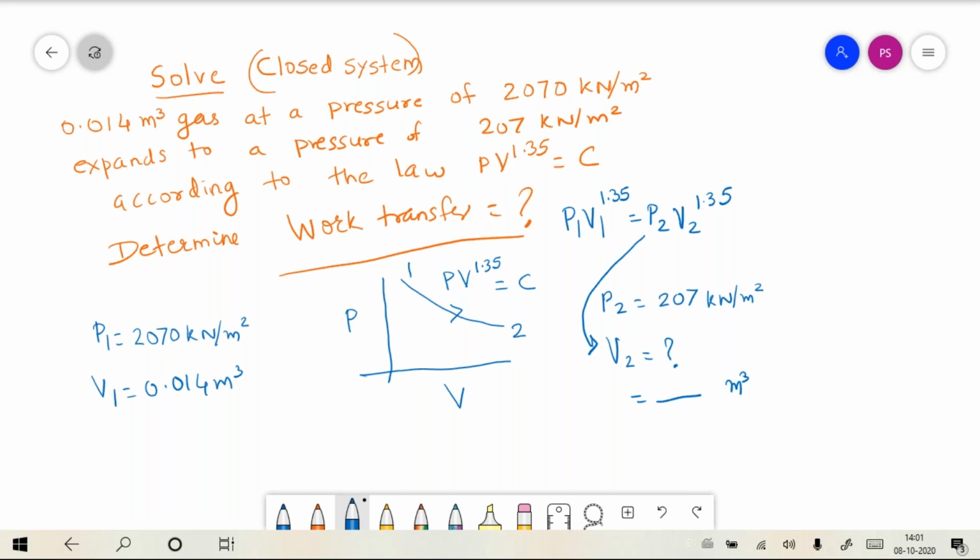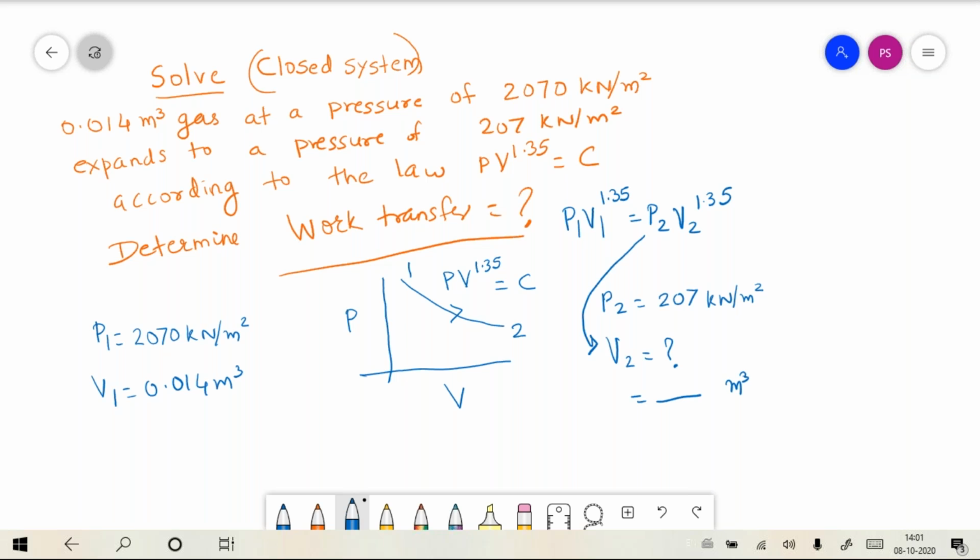So this is 2070 into 0.014 minus 207 into 0.077 upon 1.35 minus 1. So this will give us the value which is around 37 kilojoules.